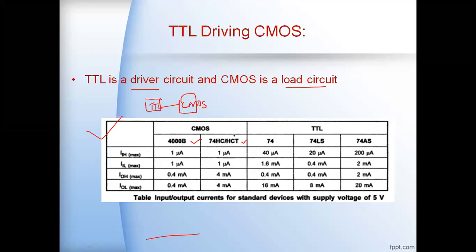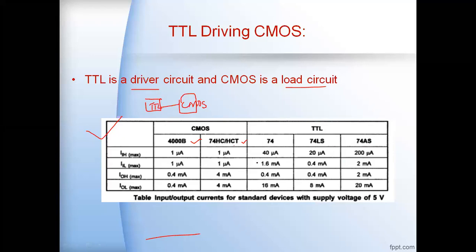And how am I telling this is CMOS? By looking at the family, alphabetic function numeric, HCT. And similarly for TTL, the 74 is a standard series, original series, and 74LS is the low power Schottky, and 74AS is the advanced Schottky.